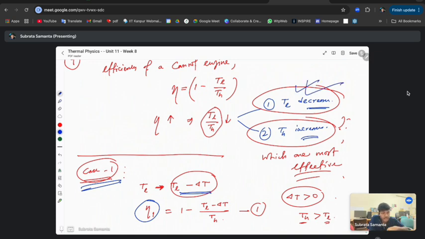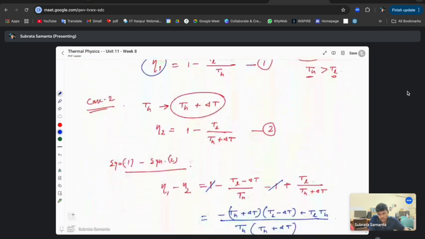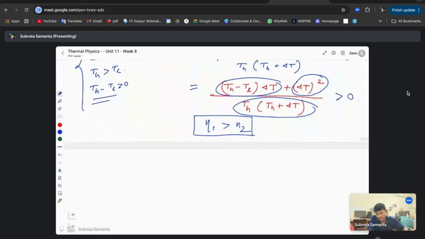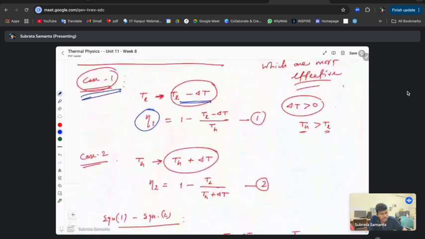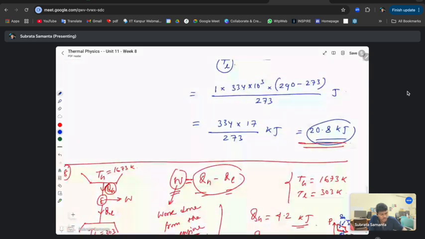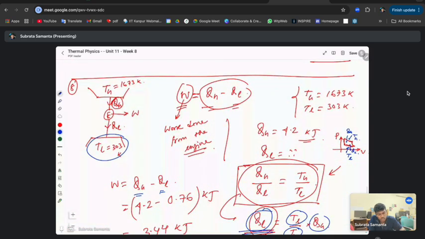So TL, if the TL decreases, thus lowering of the sink temperature, right. So sink basically is this TL, okay. This is the sink temperature, and this is your source, okay. So this is source, this is sink, okay.